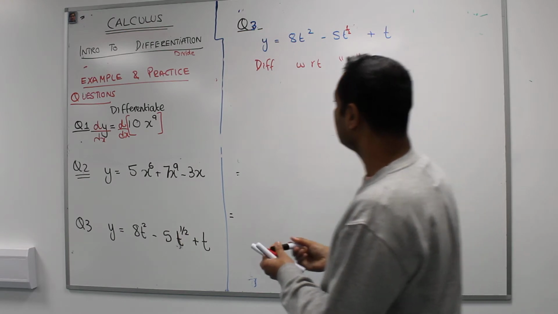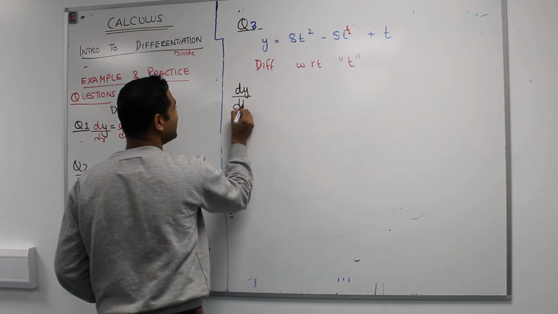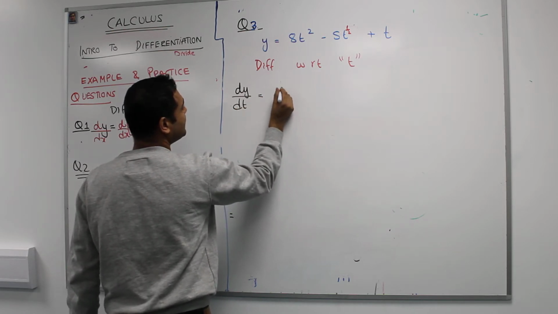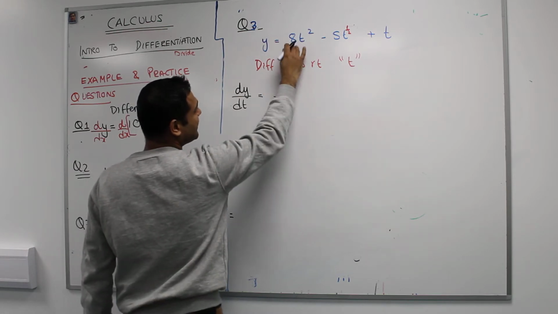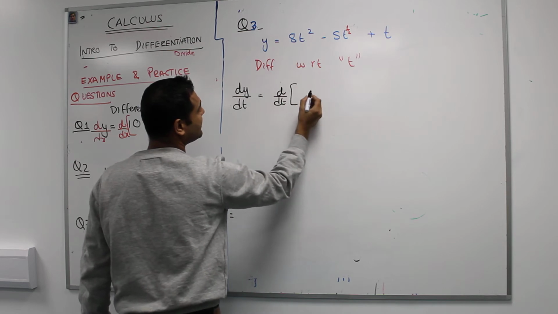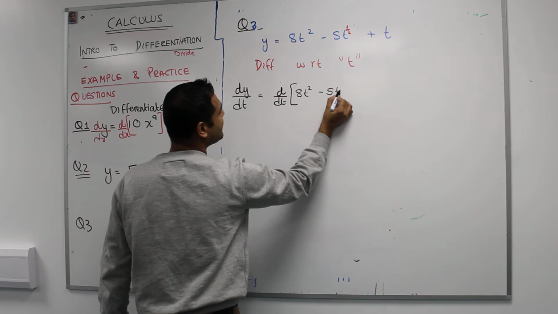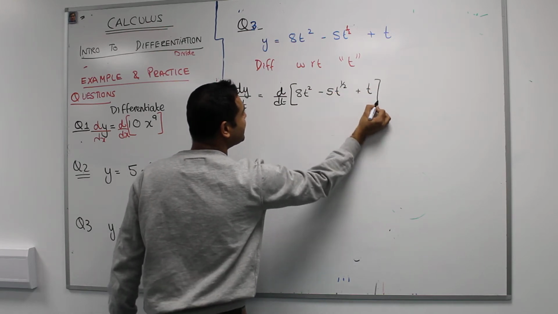Okay, so that will become dy over dt. And here I have to do d over dt of everything. Yeah, you have to do that, but I'm just going to break it down into steps. 8t squared minus 5t to the half plus t.